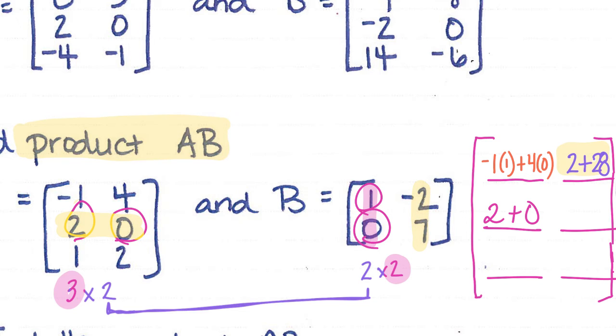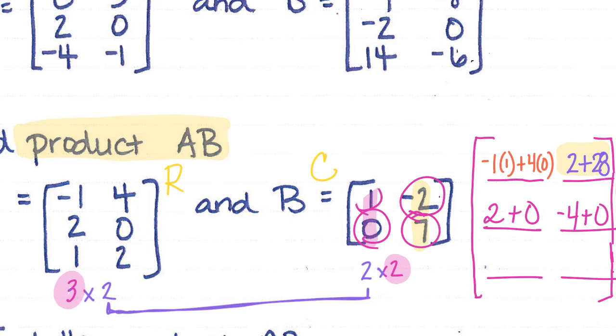So notice the first one is all rows. The second one is all columns. And let's go ahead and do that. I have 2 times negative 2, which is negative 4, and 0 times 7, yay, another 0. And I'm going to erase again.